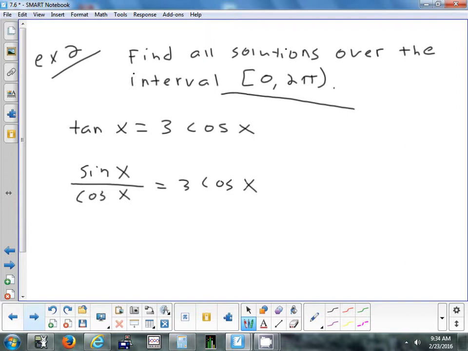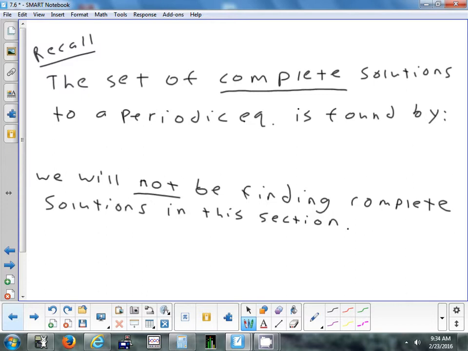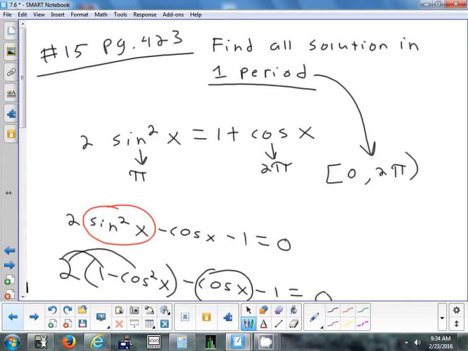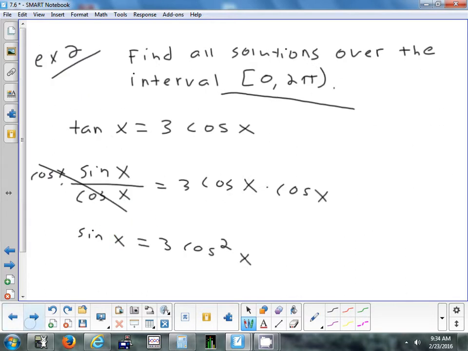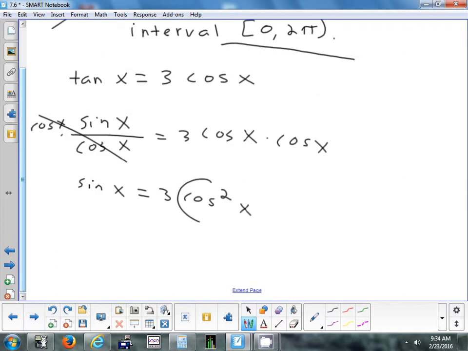And then how could I get rid of this cosine? I'm going to multiply each side by cosine. So that's gone, and I get sine of x equals 3 cosine squared x. Now we're going to change this.